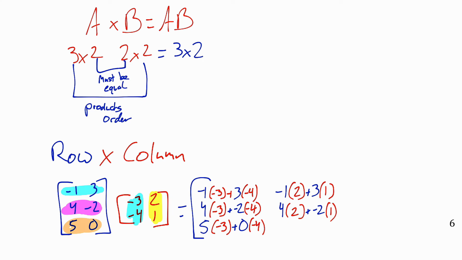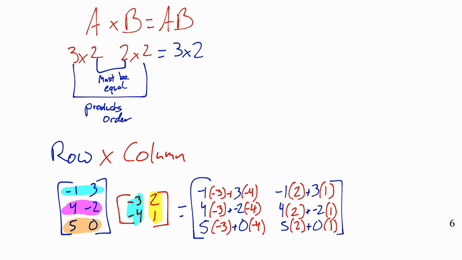And then for the last row of the first matrix and the last column of the second matrix, we've got 5 times 2 plus 0 times 1. Folks, this is just kind of a lot of work right now.